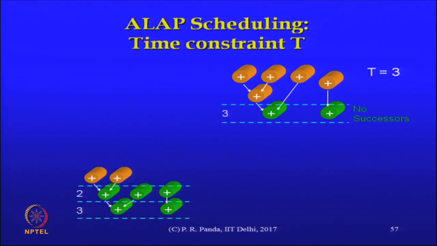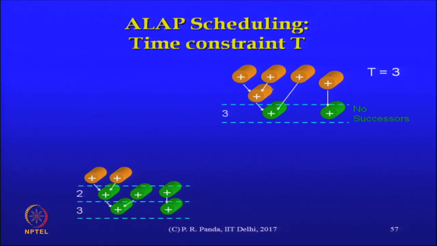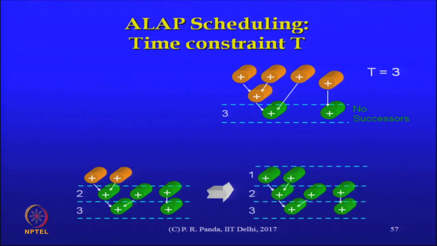I identify which are the nodes that would go here. So, that node has its dependency stated. So, these 3 nodes are selected, and let us say into the second cycle, and the other 2 nodes are selected into the first cycle. We went in reverse order.